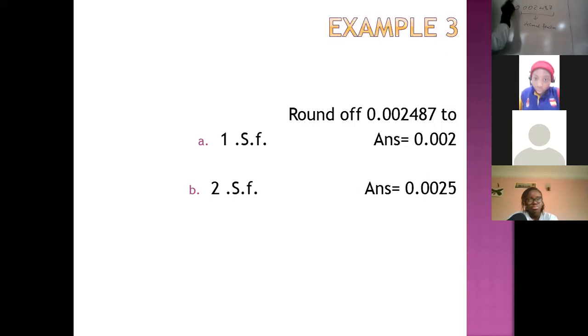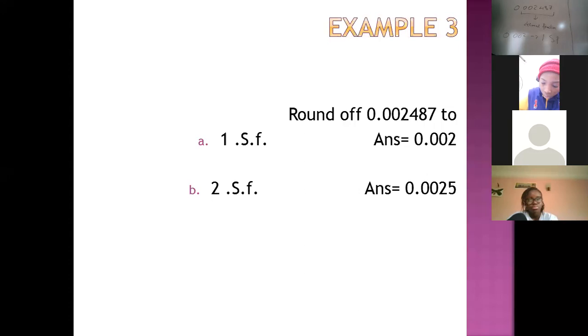Now, the first non-zero number there is 2, after the zeros. So that is your first significant number. So if you are taking it to one significant figure, it will just be 0.002. That is one significant figure.